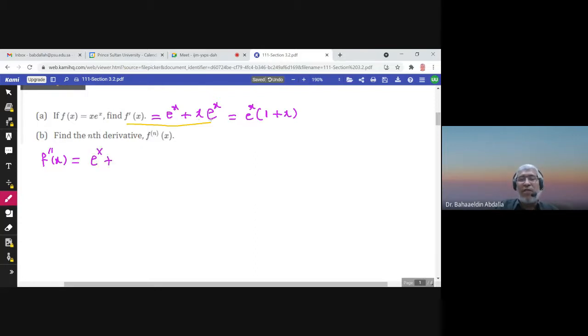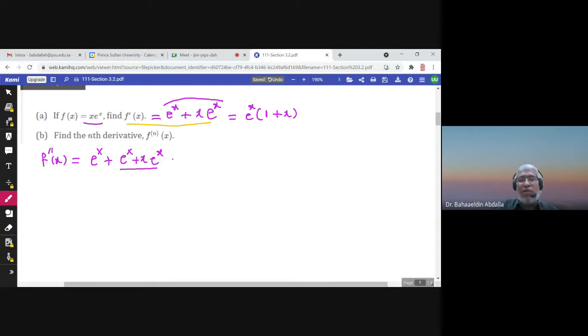The derivative of x times e to the x, again product rule, will give us e to the x plus x e to the x. This is exactly this one, because the derivative of x e to the x we have seen.